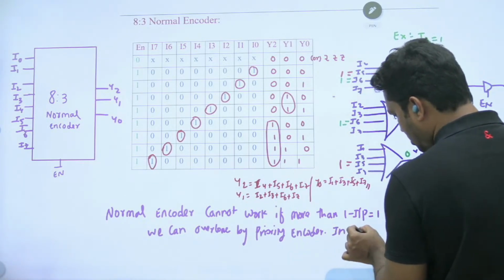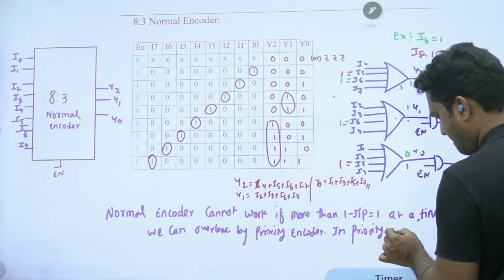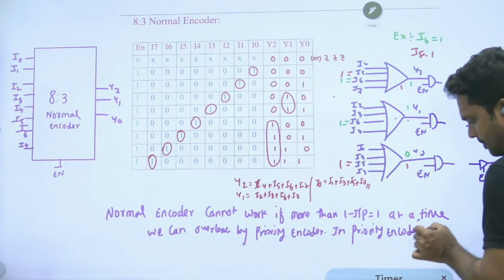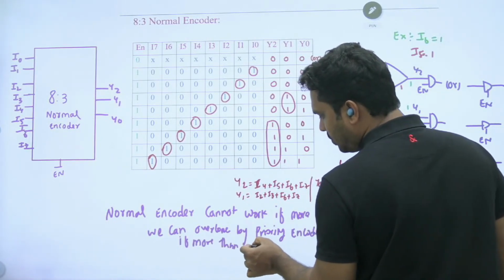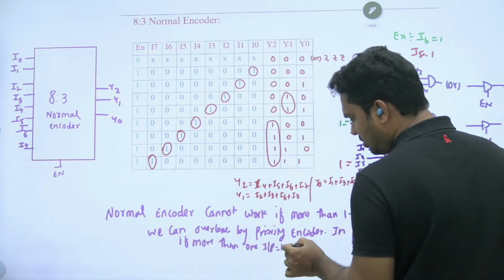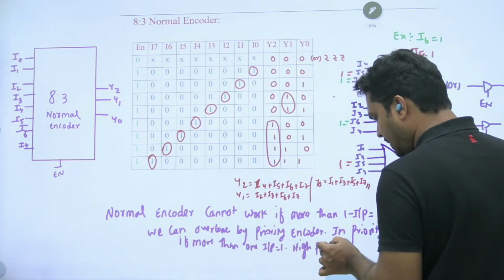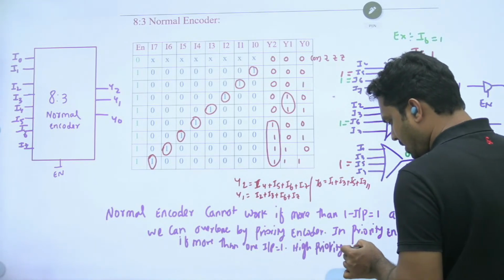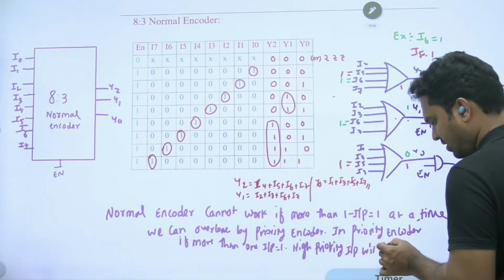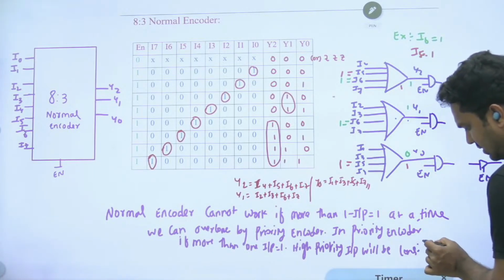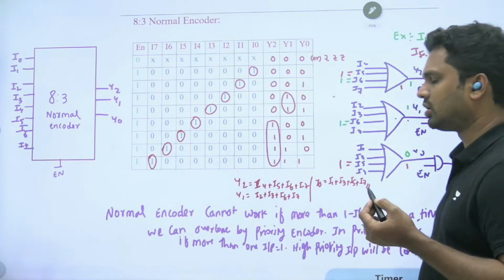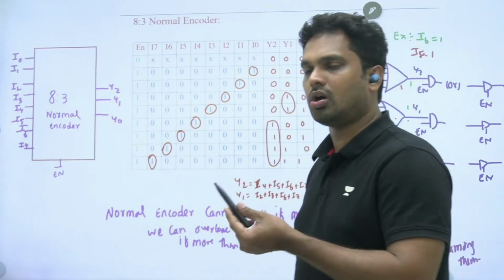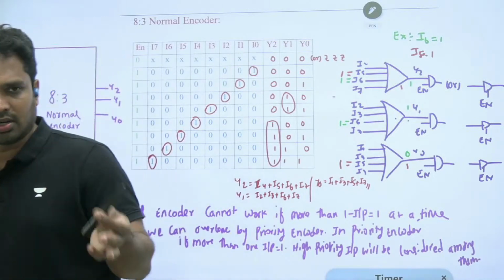In a priority encoder, if more than one input is equal to 1, the high priority input will be considered among them. If inputs 1, 2, 3, 4 become 1 at the same time, whichever we gave more priority in the design, its output will be produced. How to give high priority to a particular input, etc.